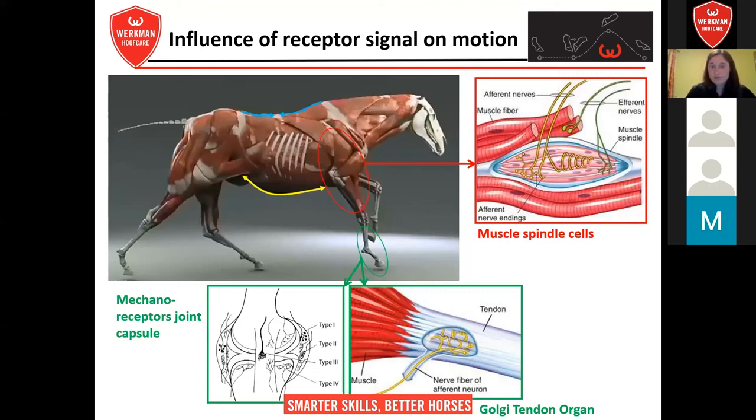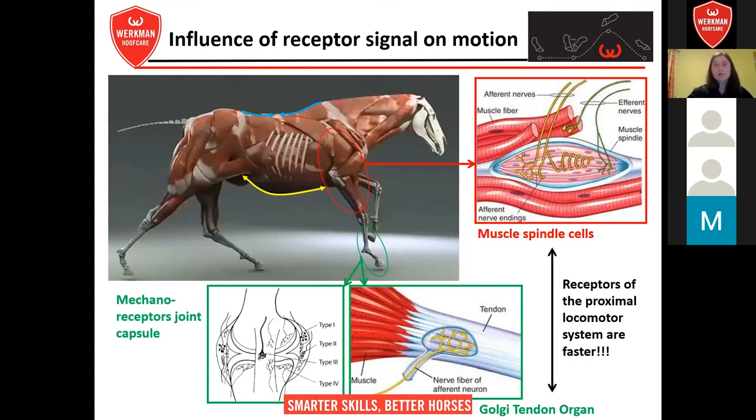They are even faster than pain. So their signal always dominates the signal of all other receptors. And this is maybe one explanation why the muscles more or less dominate the regulation of movement, and not the distal limb, for example, with the hoof or the mechanoreceptors of tendons and joints.